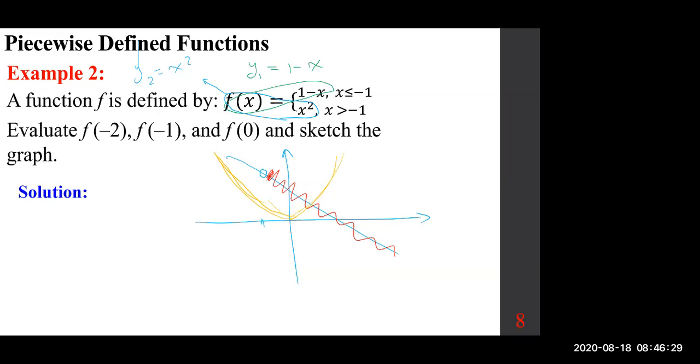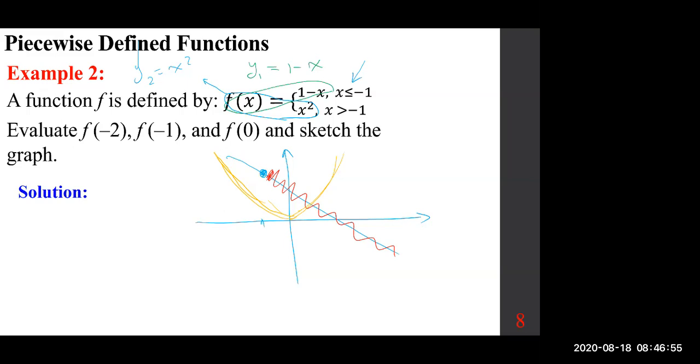However, it says when x is larger than negative 1. And by the way, let me just go back and fix something. I see the equality here. So that means this is solid, everybody. So this point is solid because I see the equality.